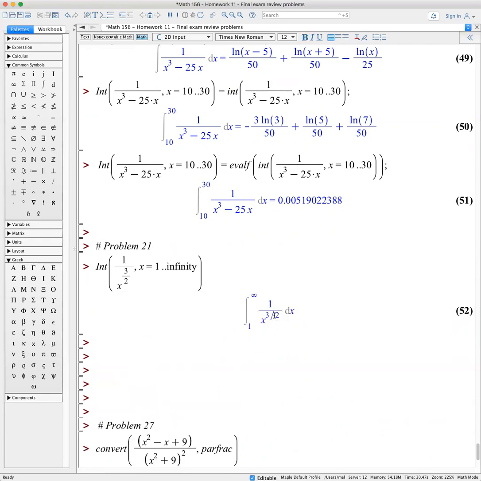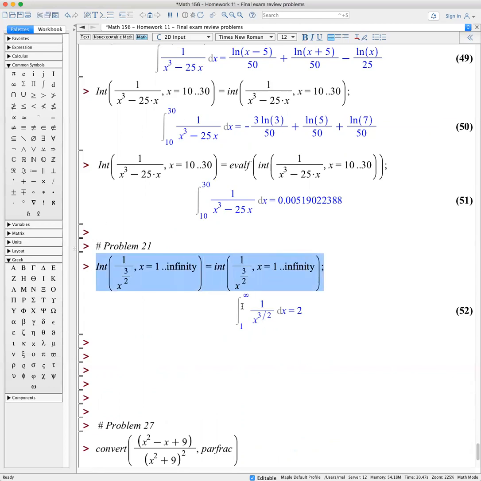Okay. And we know if this exponent is bigger than 1, this integral is going to converge. And it equals 2. Wow.